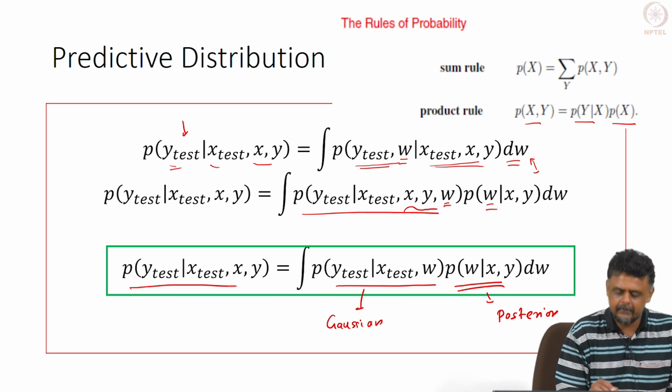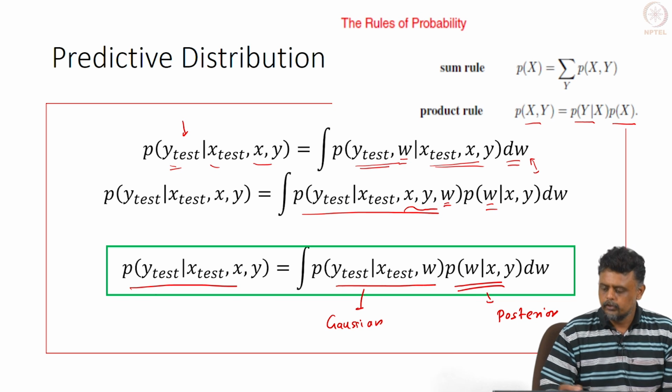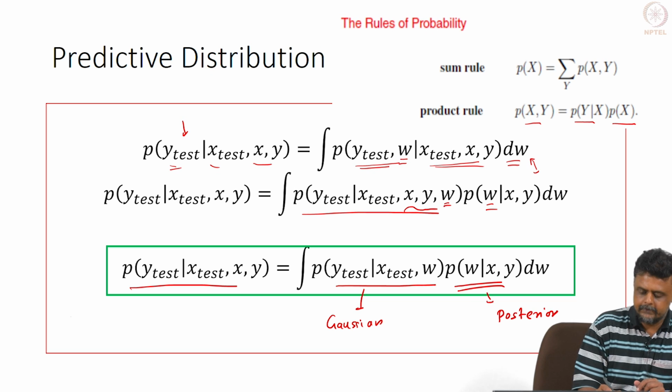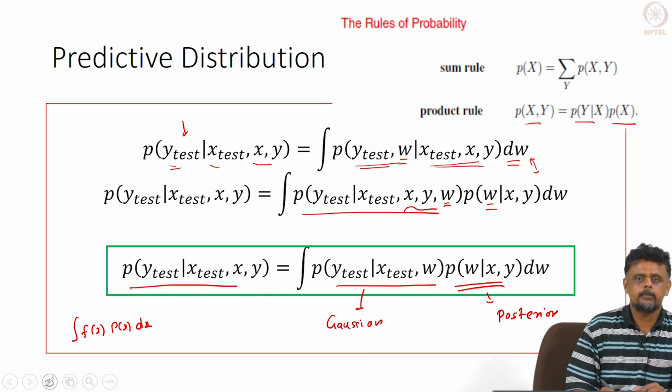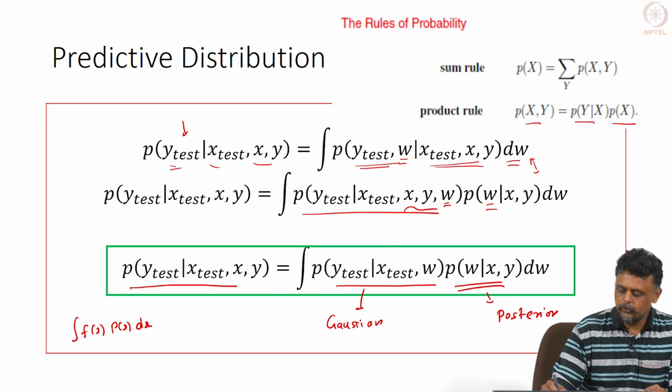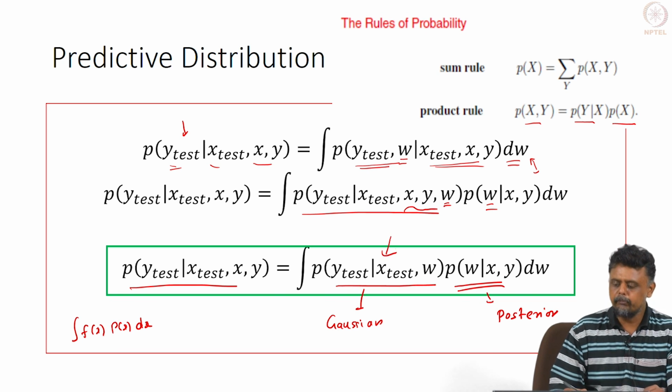What is happening here? You can think of it as, let us say we have a quantity f of x and we want to estimate the mean of that quantity. This is what we would do: we integrate with respect to the probability distribution. So you can think of it as estimating a mean of this quantity.